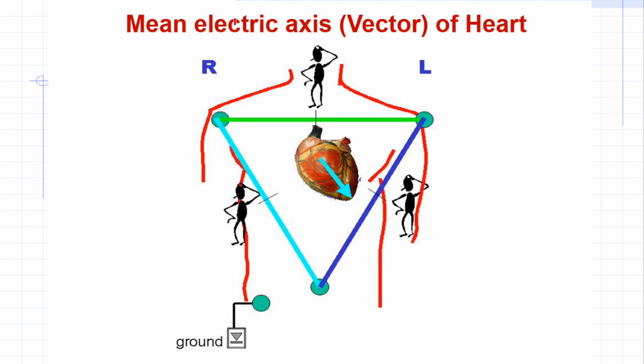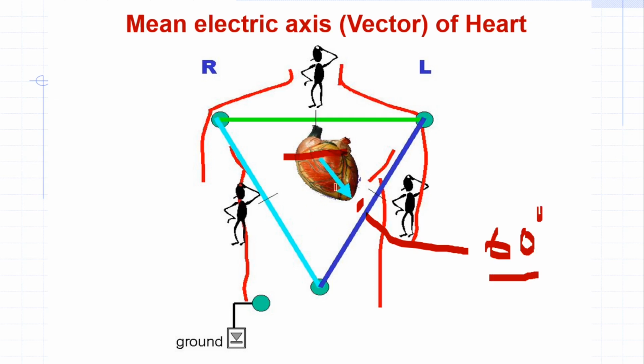Now if we compare the mean electrical axis of the heart, that is the net current flow during the depolarization and repolarization of the heart, this arrow is the vector, that is the current flow during most of the depolarization or repolarization. It is normally going down from the base to the apex, and the angle is normally 60 degree. So this is the mean electrical axis or mean vector of the heart.